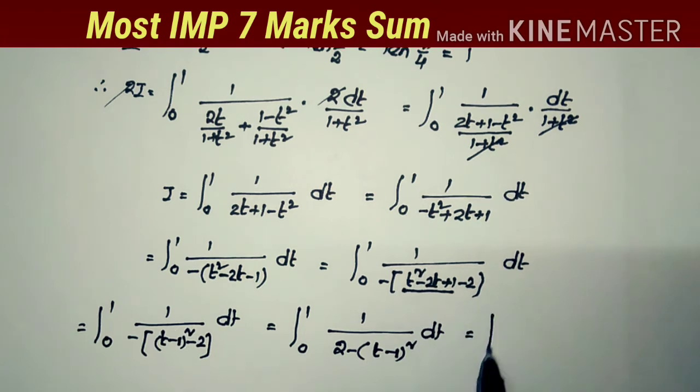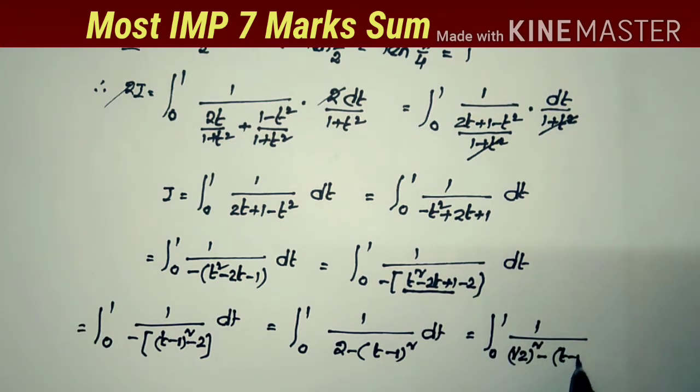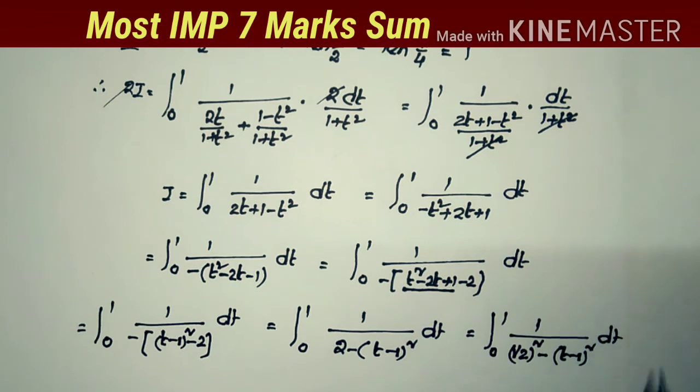And this equals the integral from 0 to 1 of 1 by, in place of 2 we take root 2 whole square, (root 2) whole square minus (t minus 1) whole square into dt.